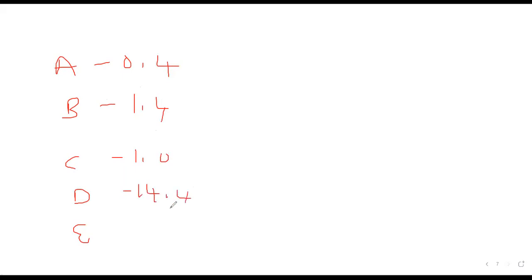Let's name them A, B, C, D, E. Negative 0.4, negative 1.4, negative 1.0, negative 14.4, and positive 3.4. Tell me which one is elastic, inelastic, unit elastic. Let's start with A. What is A? Inelastic.